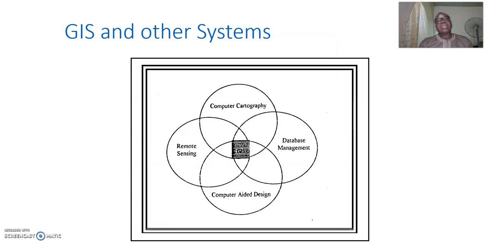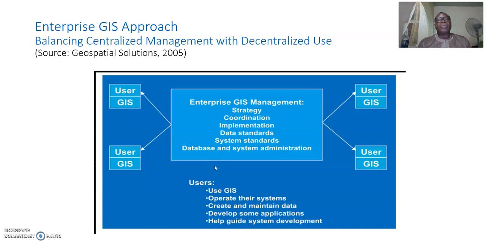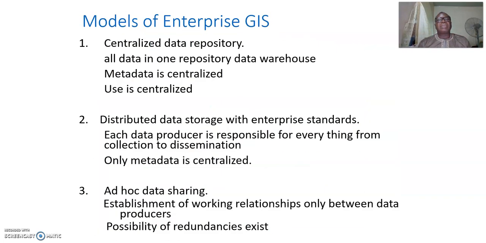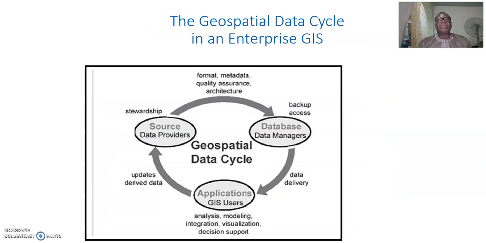GIS actually harvests data from other subsystems. We have remote sensing systems, cartography systems, photogrammetry and remote sensing, computer-aided design, and database management systems. All these generate data for GIS and are used for achieving what we need.